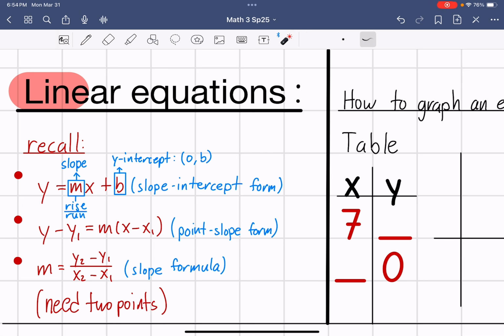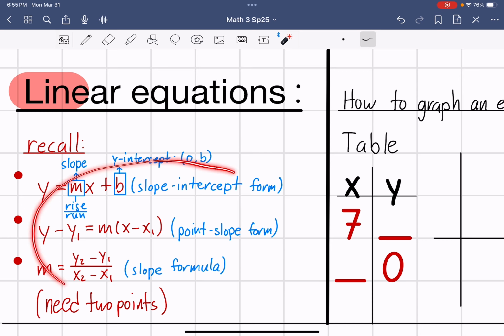Now, in the other equations, you had a point for a y-intercept and a point that was given here. But for this formula, you need 2 separate ordered pairs to be able to find the slope of the line. Remember, the slope represents your rise over run.